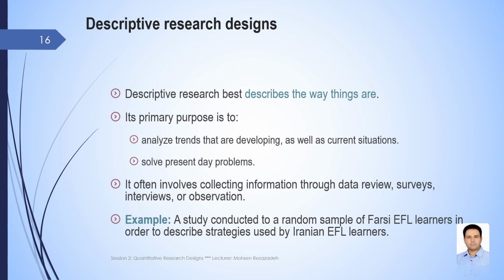As you can see here, we do not manipulate anything because it is a non-experimental research. And the point is to describe, or in fact investigate, the strategies that EFL learners use. We don't want to change anything. We just want to describe or obtain information regarding the current status of this phenomenon.